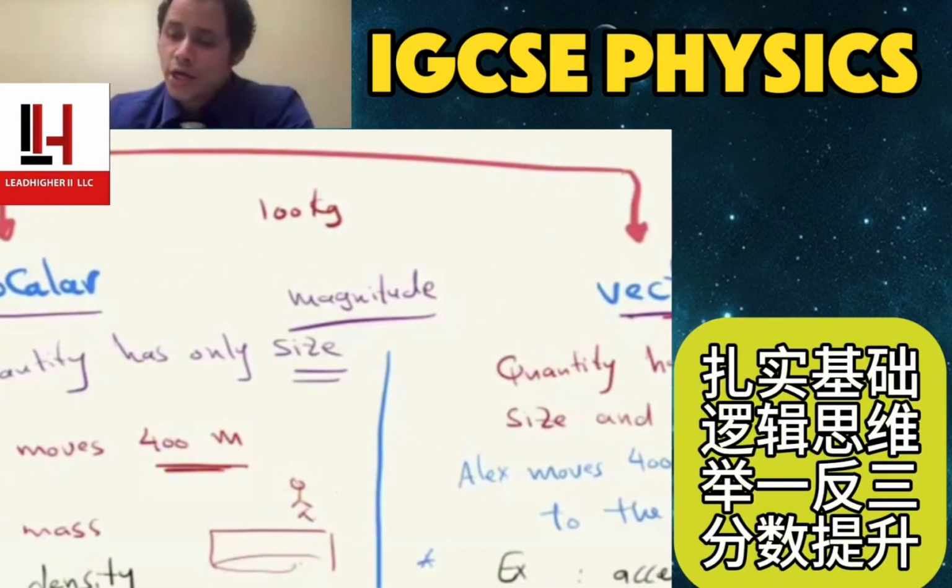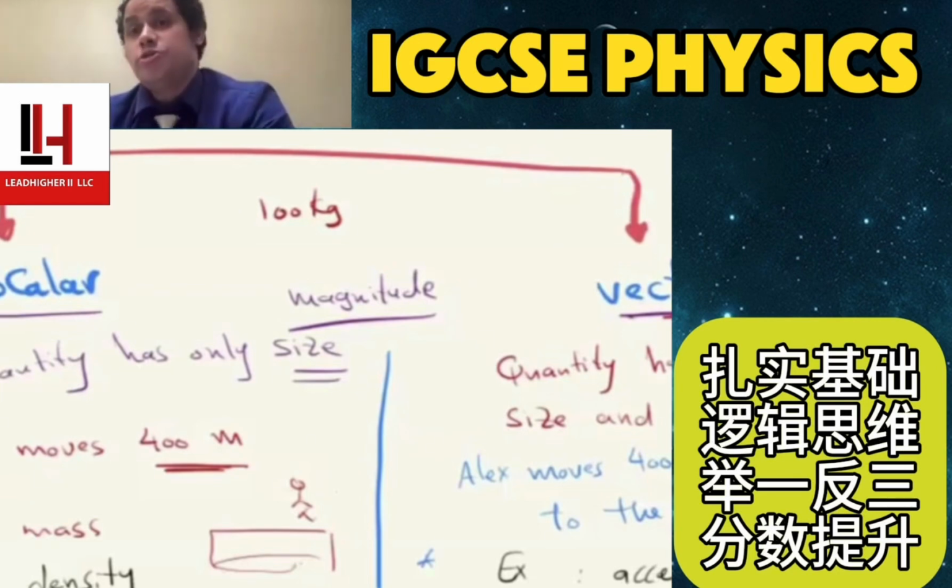Okay, cool. So let me write the others, and after this, we're gonna go to forces because force is a really, really important topic. So we have mass, density, speed, distance, volume. All those are scalar. We also have length.